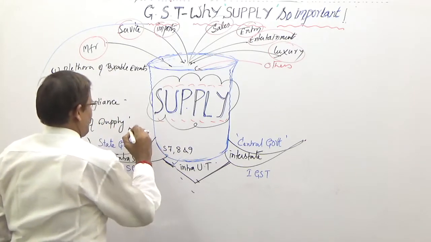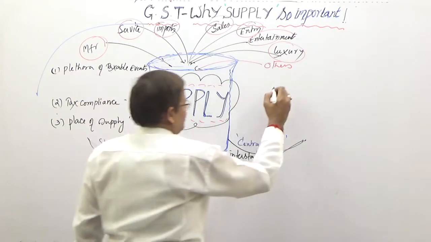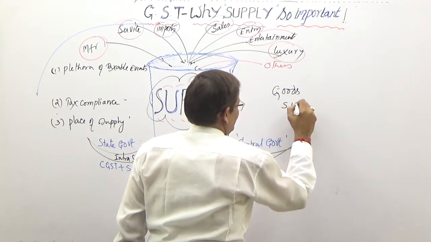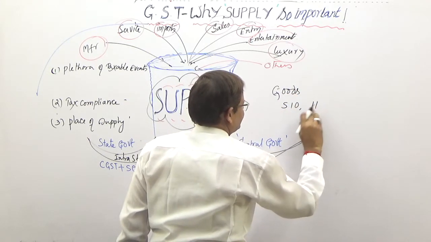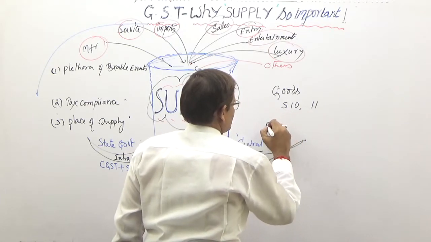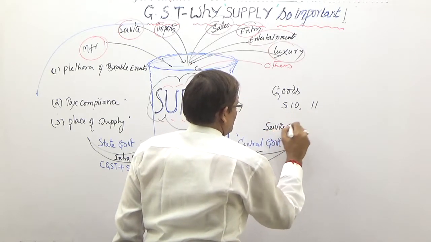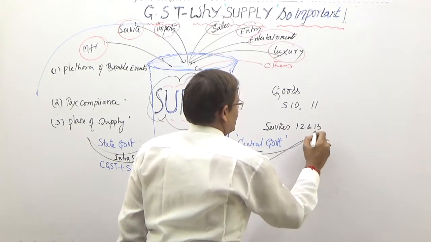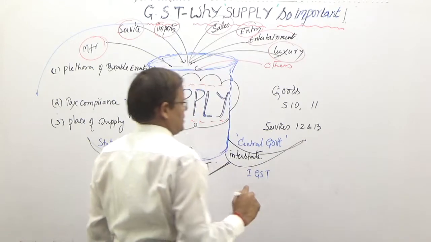For goods, you have to refer to section 10, section 11, and for services section 12 and 13 in particular. Section 14 is not very relevant.